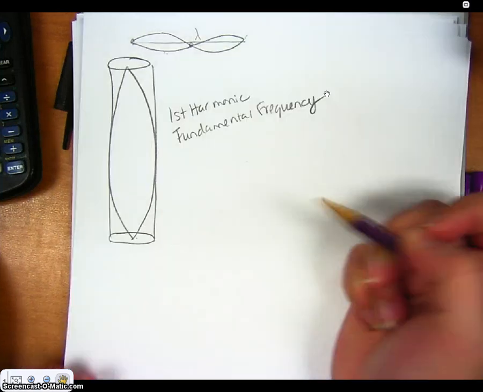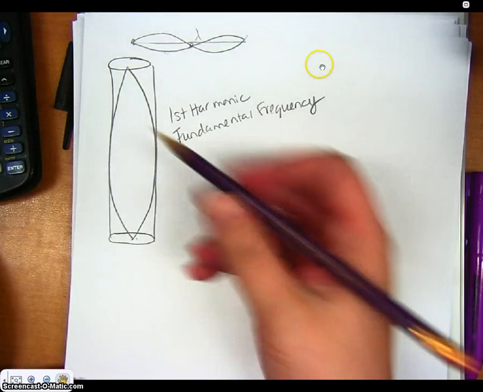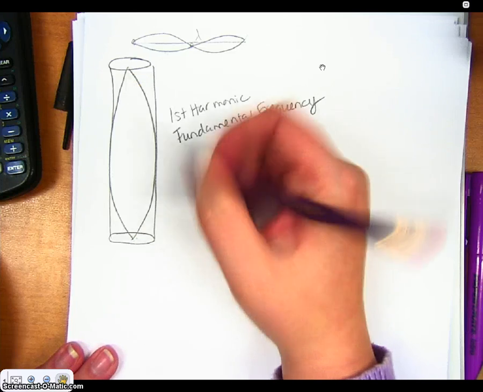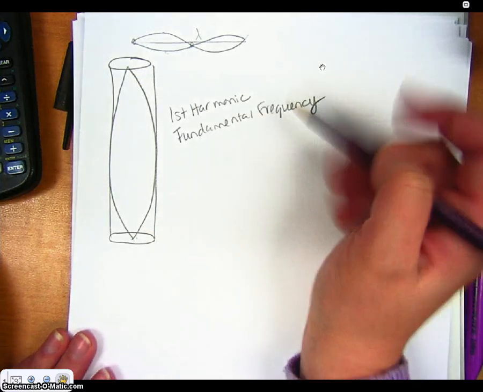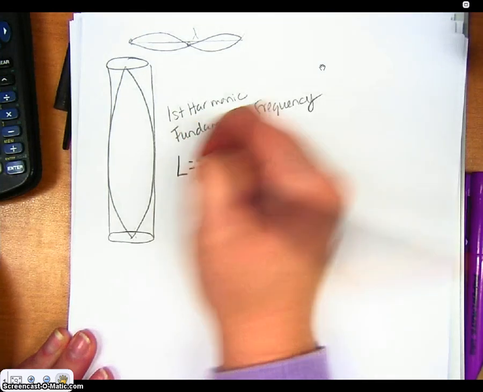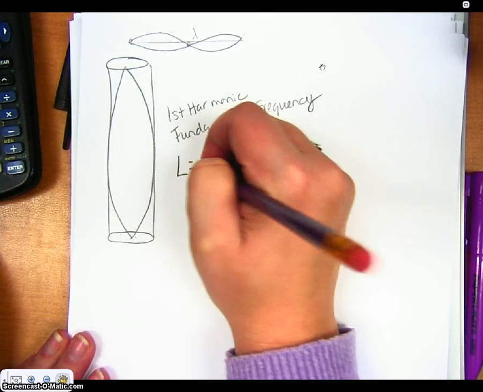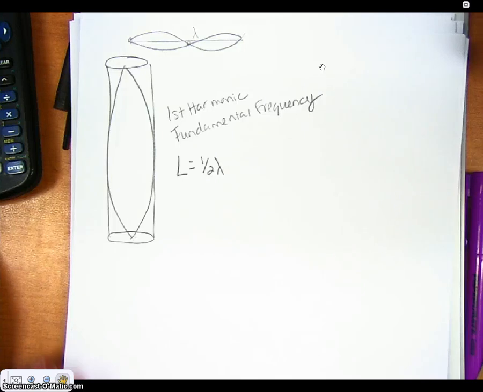It has trapped 1/2 of the wavelength in there. Because of the pressure, you have a node at each end. So the first harmonic, or fundamental frequency, has a length equal to 1/2 the wavelength, right?